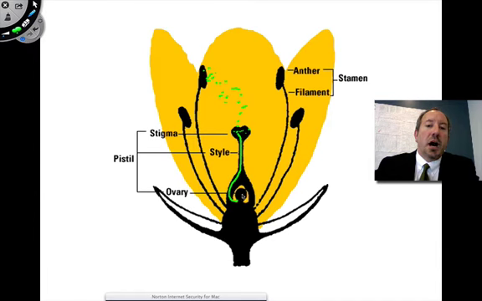And inside the ovule, sorry for the terms, is a reproductive structure called the egg, and it's the female gamete. So meiosis in the female structure, the ovary, is producing the eggs.